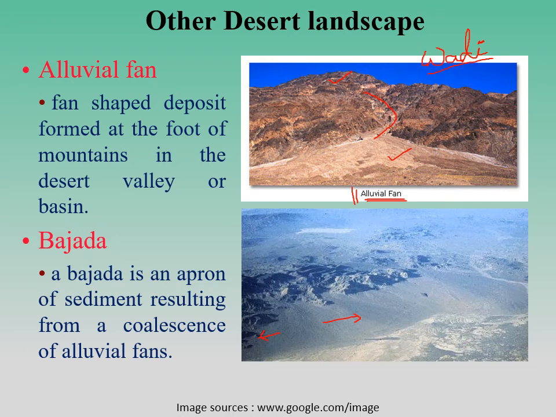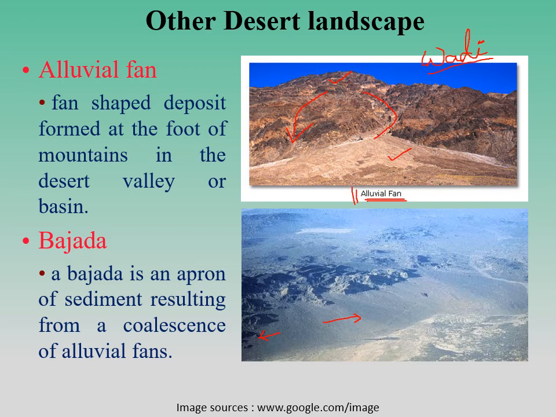So new alluvial fan deposition occurs then. By this, the lateral growth of alluvial fans occurs, and it almost makes an apron of alluvial fan sediments joining all the lateral alluvial fans. This kind of coalescence of alluvial fans, looking like an apron of alluvial fan deposits in arid and semi-arid conditions, is known as bajada.